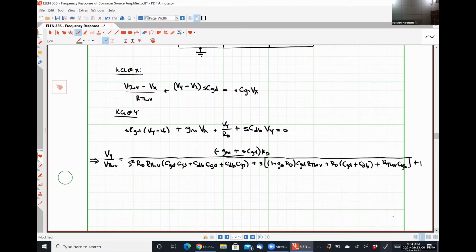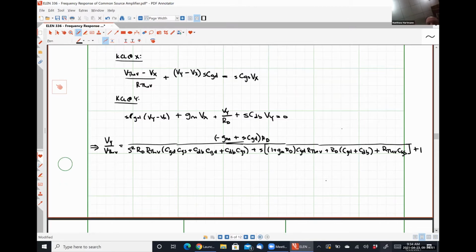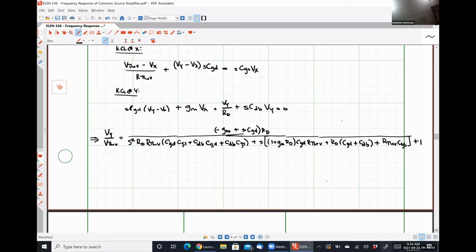So if you recall, our high frequency HF of S was going to be of the form 1 plus S over omega Z1 times 1 plus S over omega Z2 all the way out to omega Zn.